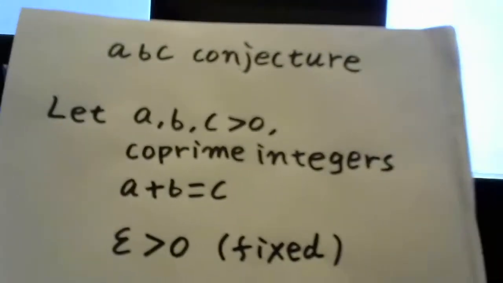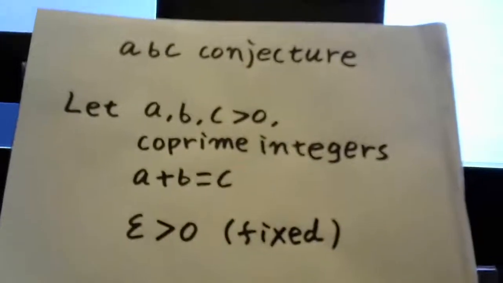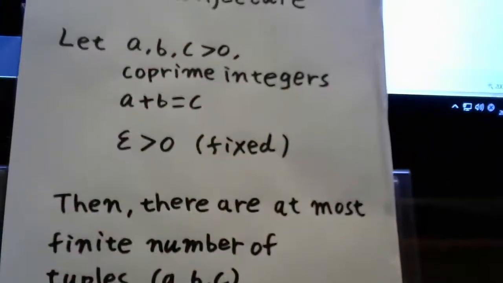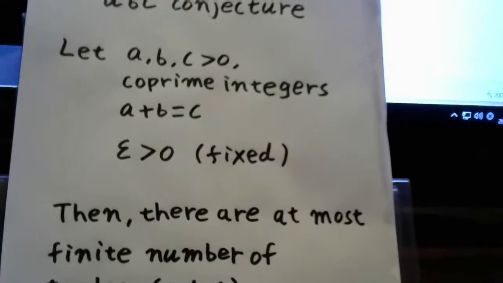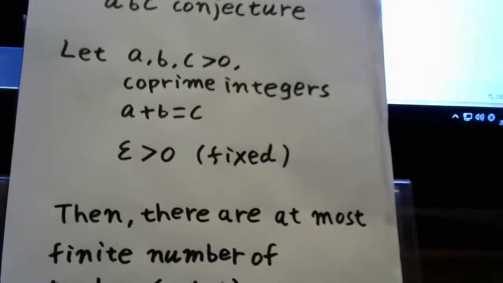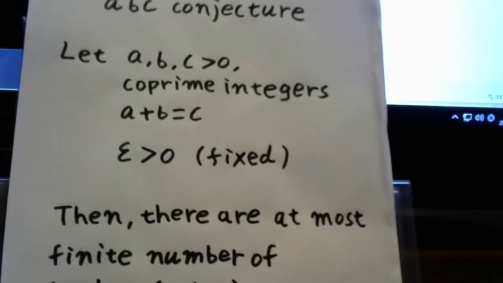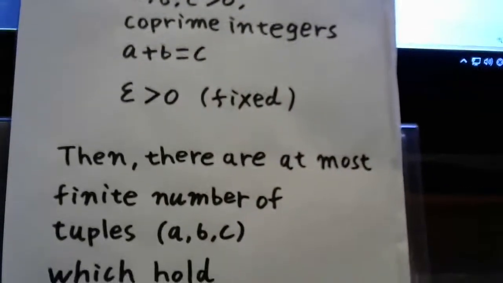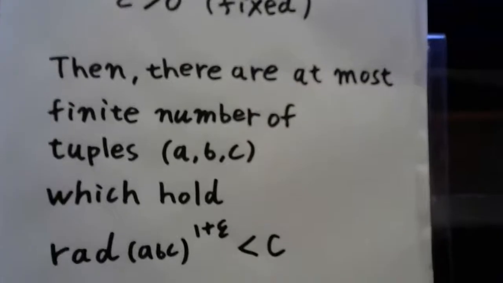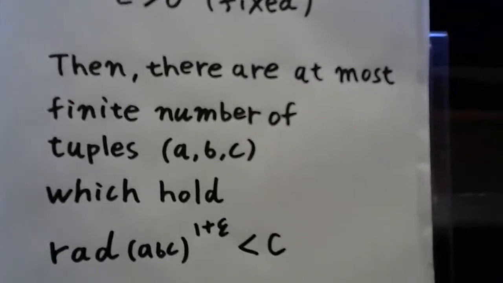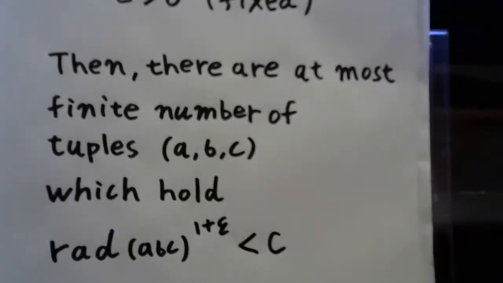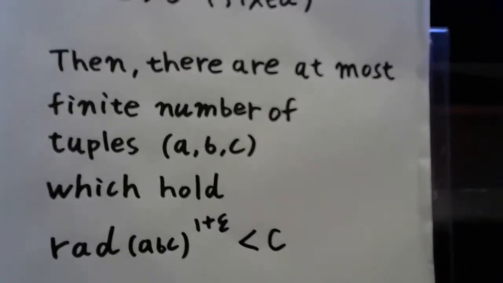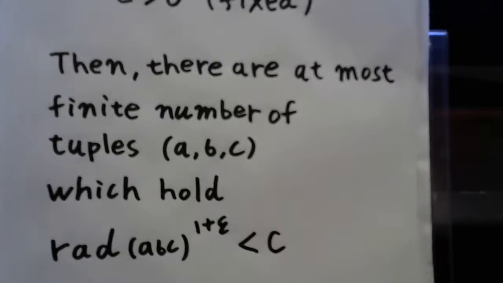Then there are at most a finite number of tuples a, b, c which hold this: radical of abc to the 1 plus epsilon is less than c. Okay?